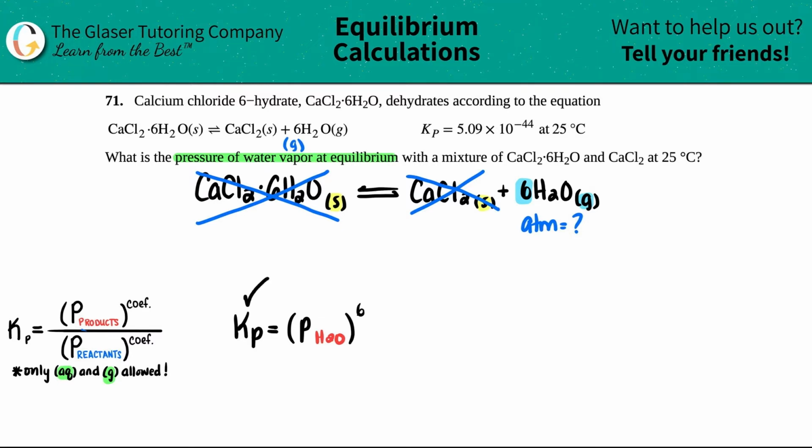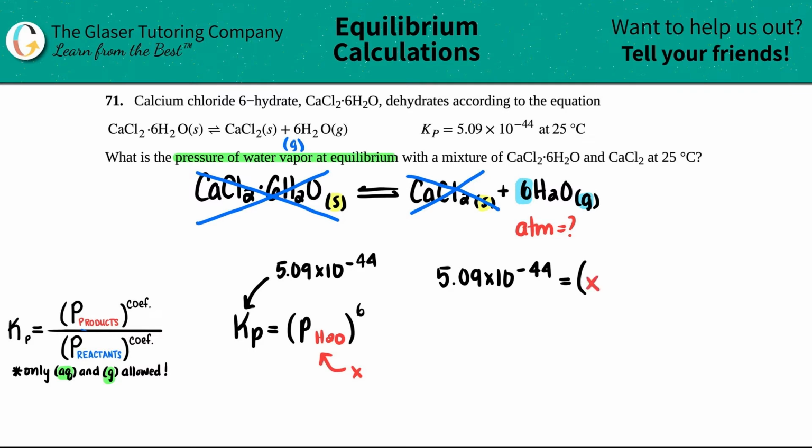They told me the Kp value, 5.09 times 10 to the negative 44th. The H2O is basically what we're looking for, right? And maybe I'll make this in red just to kind of color code this, that this should be on the red side because red are the products. So this is what I'm solving for. I'm going to say X. And then let's keep going. 5.09 times 10 to the negative 44th equals X, and now that's raised to the 6th.